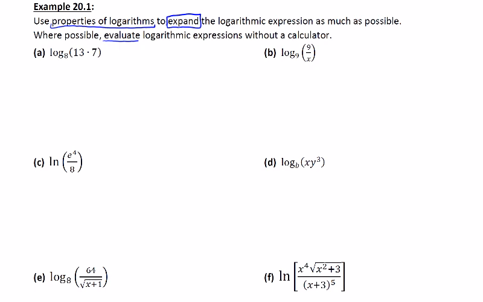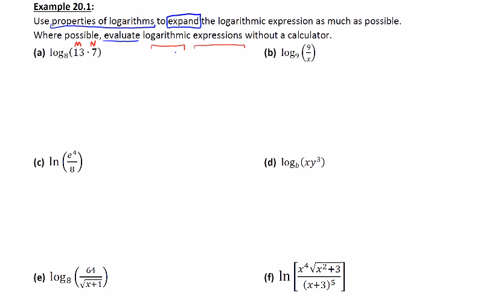It says here for part A, log base 8 of 13 times 7. Now remember, with the product rule, there's an implied multiplication in between the m and the n. So we can think of 13 as being m and 7 as being n. So we can expand this into multiple logs by making the left-hand side look like the right-hand side using this equivalency.